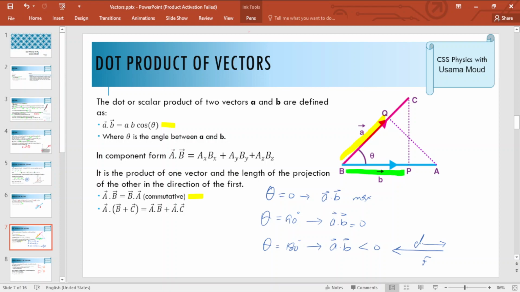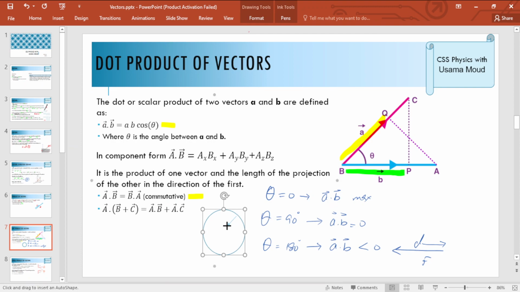Similarly, for a simple example when the angle is theta, we can think about a case when an object is moving on a circular path. For example, like this, an object is moving on a circular path like this, and its force is always acting toward the center.